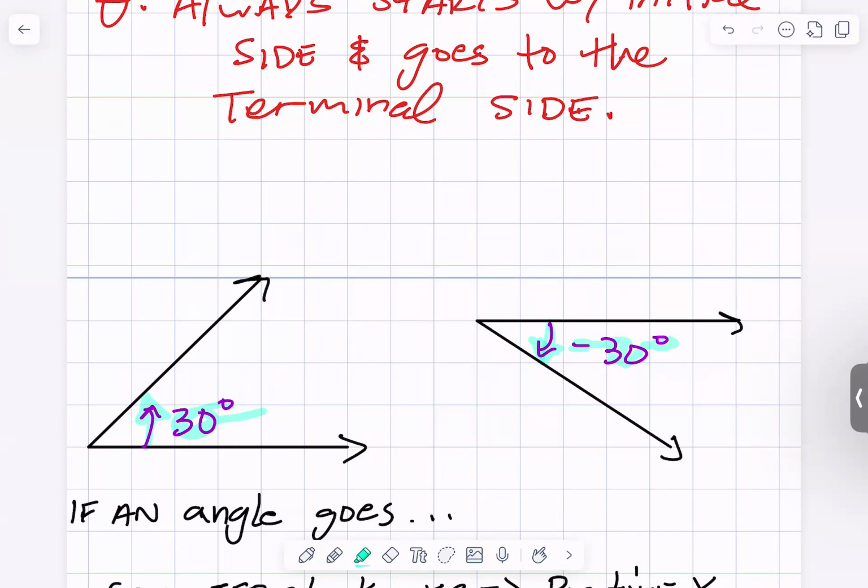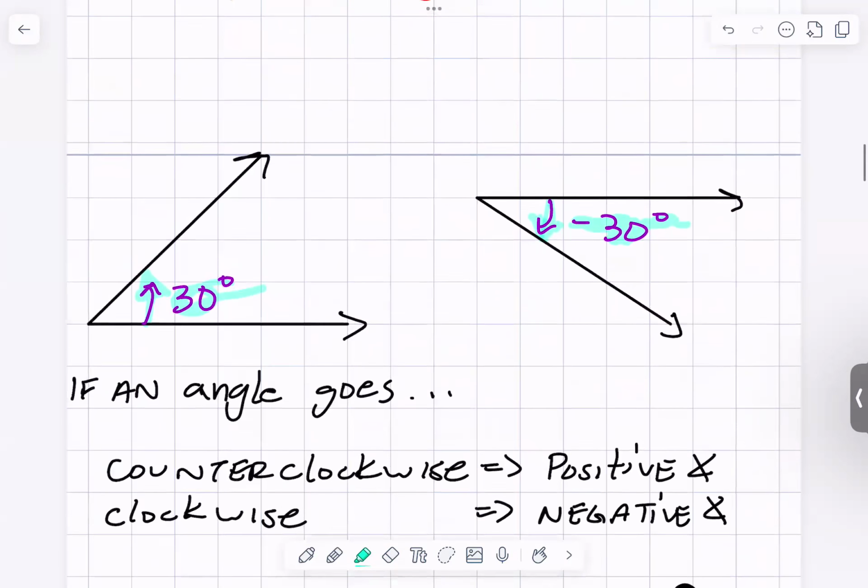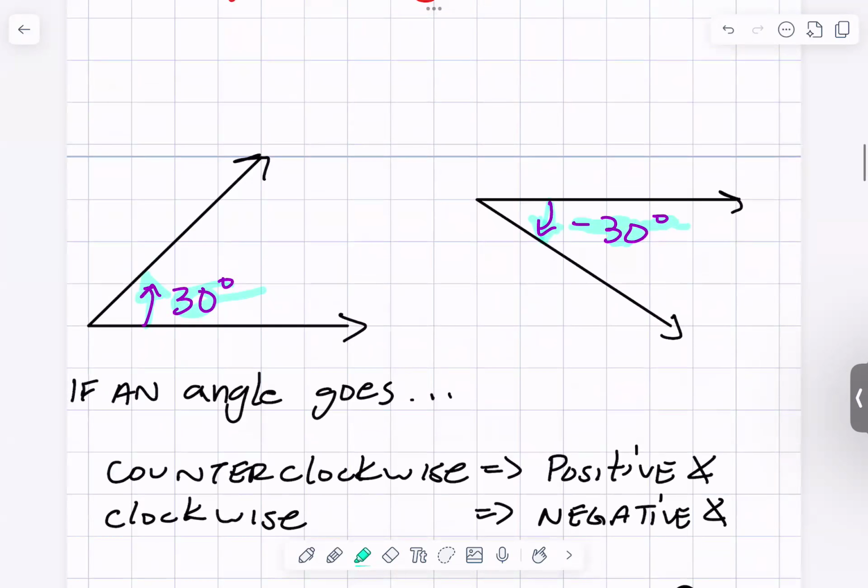So you're creating a negative angle when you're moving clockwise, and you're making a positive angle when you're moving counterclockwise. And that's all in terms of degrees.